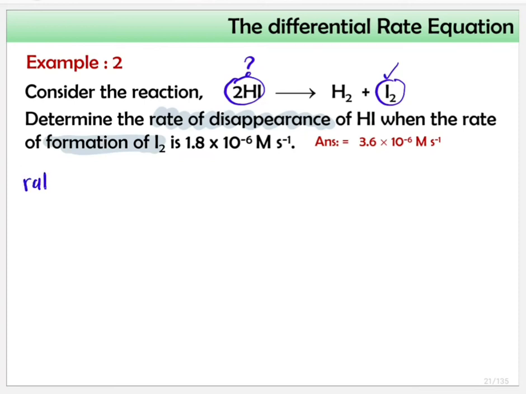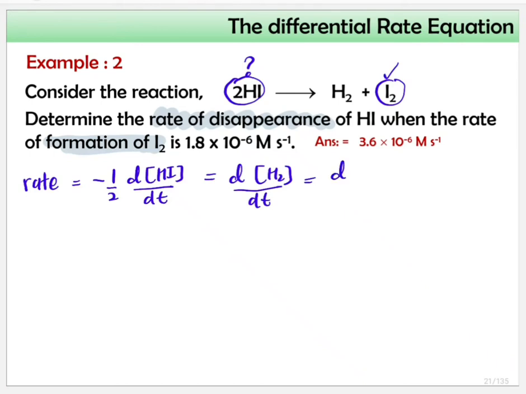So, rate equals to, untuk HI adalah reactant, negative 1 over 2 dHI over dt, sama dengan, untuk H2, sekarang dah tak ada negatif sebab H2 adalah produk. Tak ada stoichiometry juga. So, terus dH2 over dt, equals to, untuk I2 pun sama. Produk tak ada negatif. Stoichiometry pun tak ada. So, terus dI2 over dt.